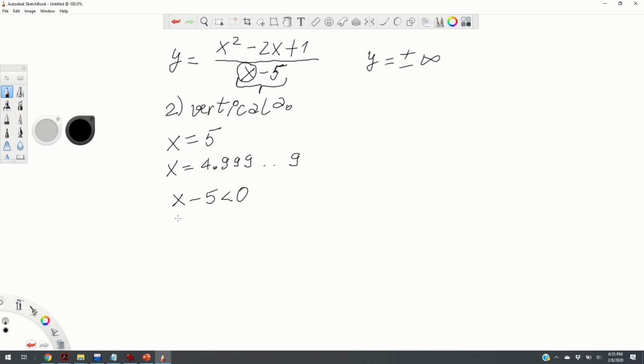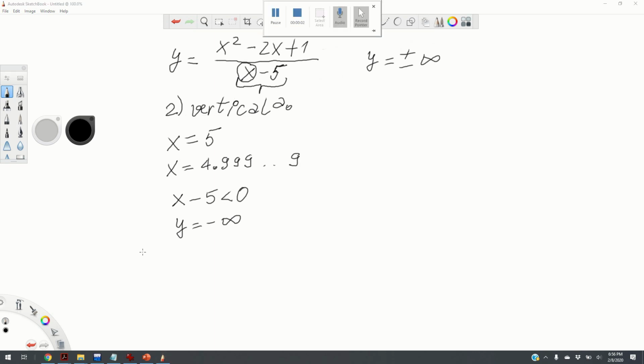Consequently, the function will be equal to minus infinity for x that's very close to 5, but from the left side.